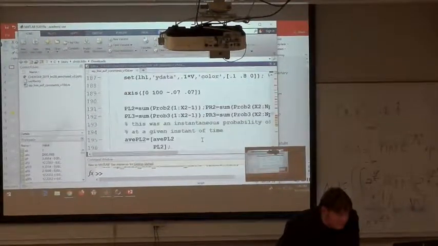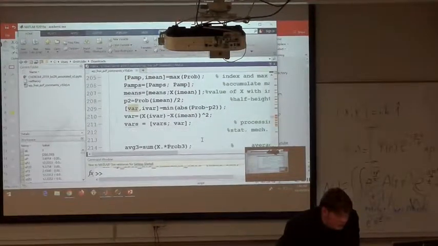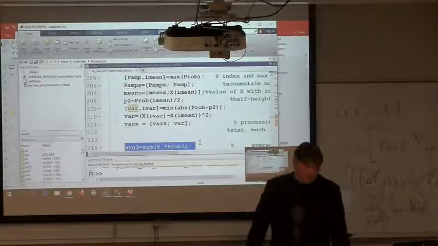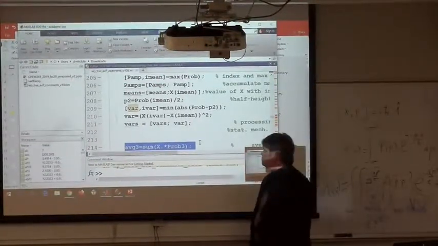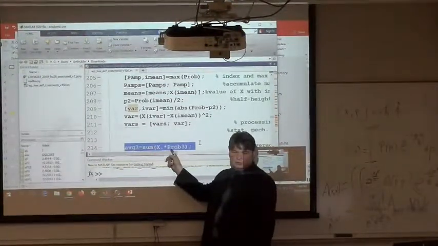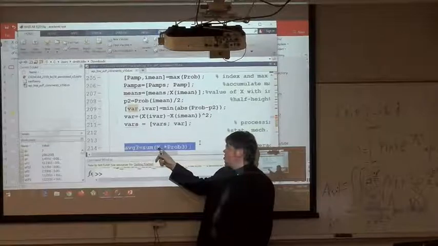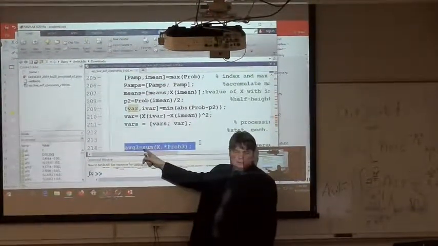And in the code, it's not the most rigorous way, but it's the quickest and numerically least expensive. So you take the probability distribution, which is the wave function absolute value squared, multiplied by the value of x, and then we integrate, right?